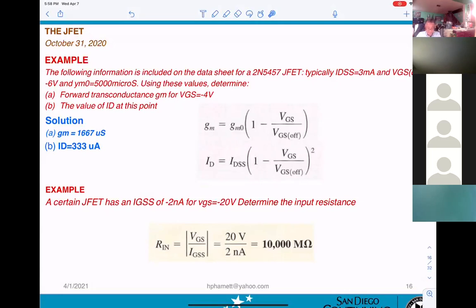Then 1 minus VGS, they already gave that to you. That's why you can calculate the current ID using the same IDSS times 1 minus VGS over VGS off, squared. And if you want to calculate the IG for the JFET, you take the absolute value of VGS divided by IGSS, if they give it to you.